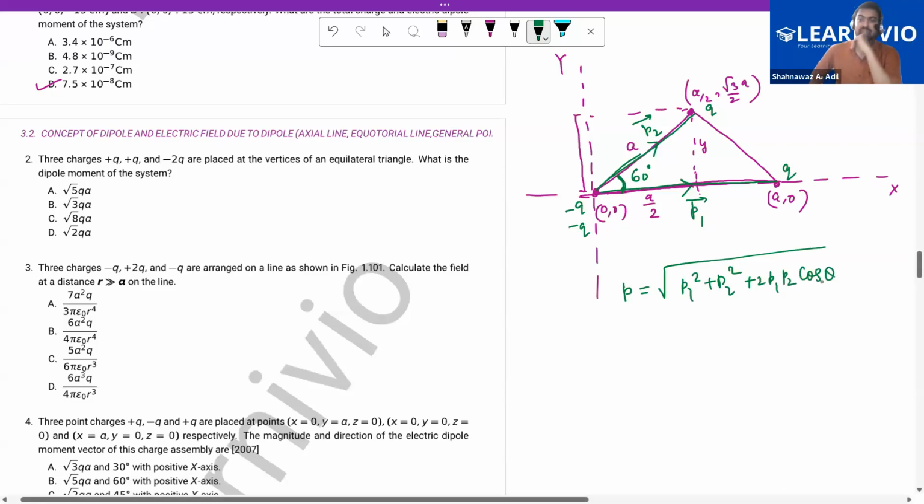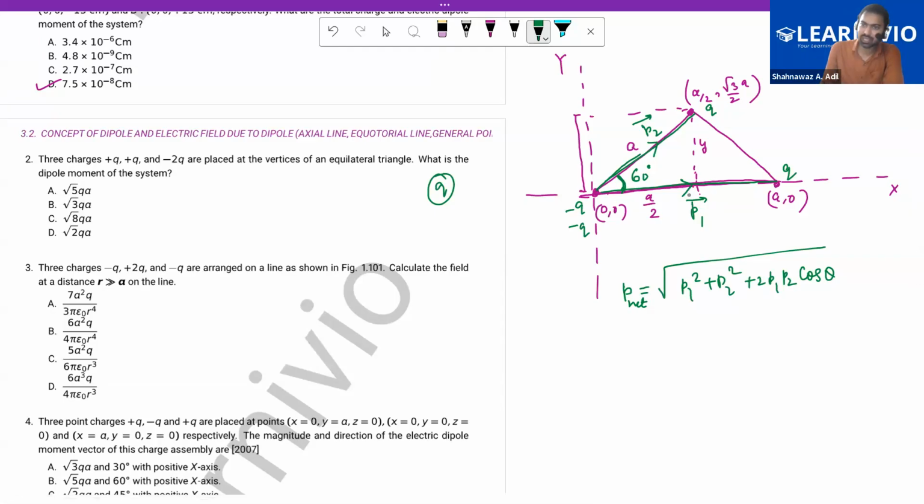Theta we know. Let's say this is P net. Now if we look at these two dipoles, they have equal magnitudes: minus q and plus q in each. So the charge is the same. The distance between these two points is a, and here this is also a.